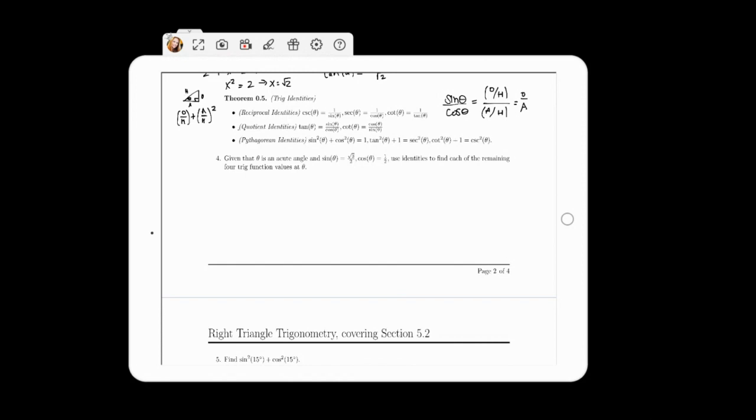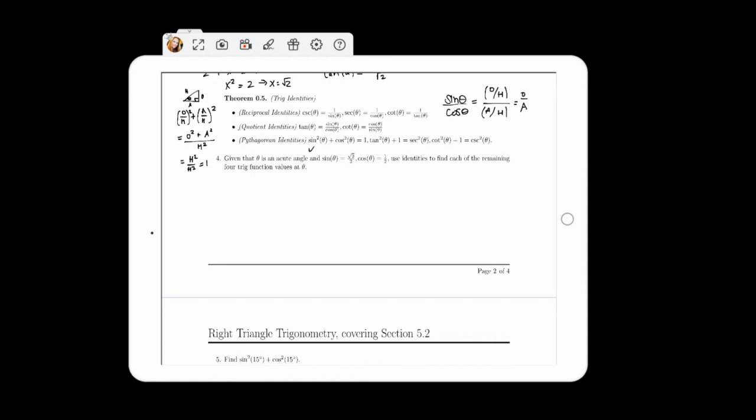So if I take sine squared plus cosine squared, then that simplifies to opposite squared plus adjacent squared over hypotenuse squared. And by the Pythagorean theorem, opposite squared plus adjacent squared equals hypotenuse squared. So this is hypotenuse squared over hypotenuse squared, which is 1. So that's this first identity. Sine squared plus cosine squared is 1, as long as the argument theta is the same angle inside of both.